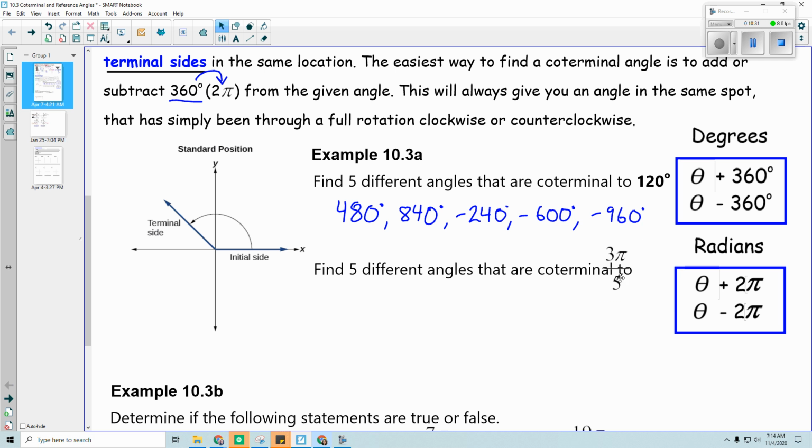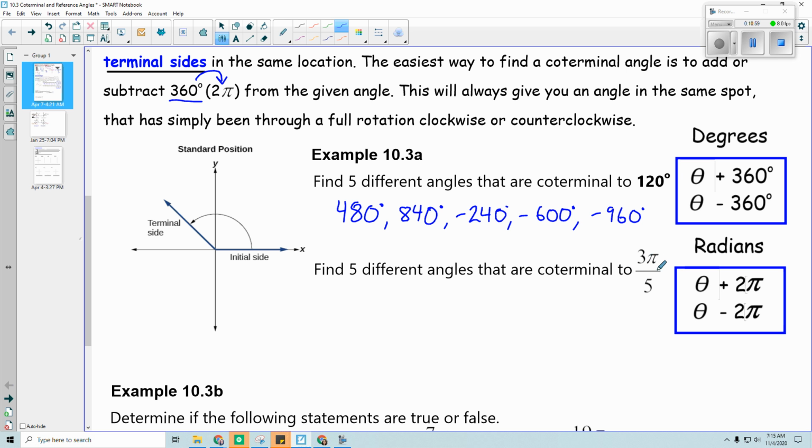And now the next one, we're trying to do this in radians, angles that are coterminal to 3 pi over 5. Probably the easiest thing to do: if we were doing math not in the coronavirus season, we had calculators that could really easily add and subtract radians for us. So I'm not going to have us worry about dealing with that right now.